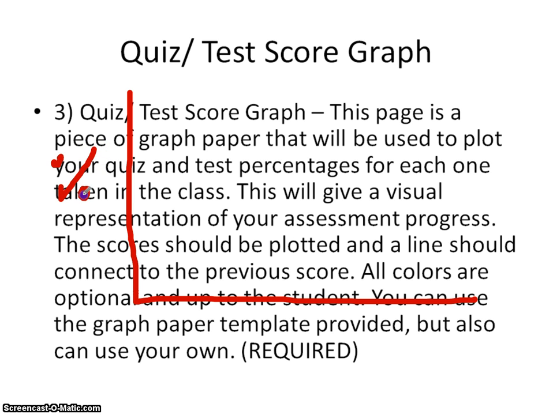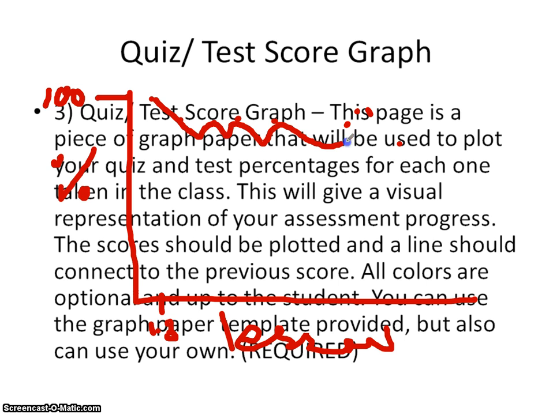You put your percentages here, and your lesson numbers here. So if this is lessons 1-3 and you got, say, a 100%, you would put a little dot right there, and then the next one, and you have all your dots wherever they are, and then you just connect the dots, and there's your line.